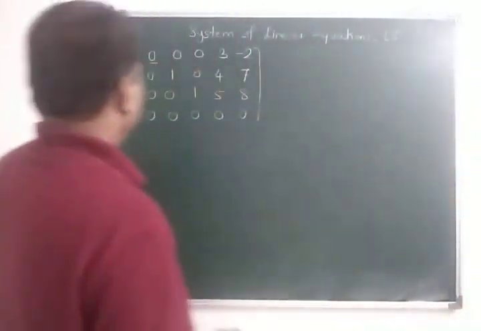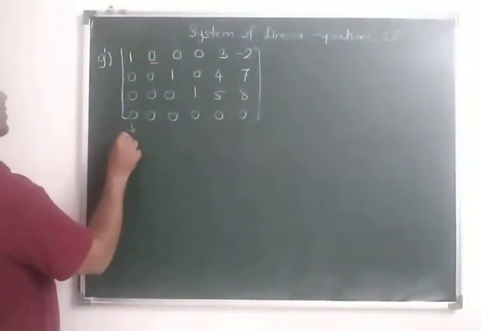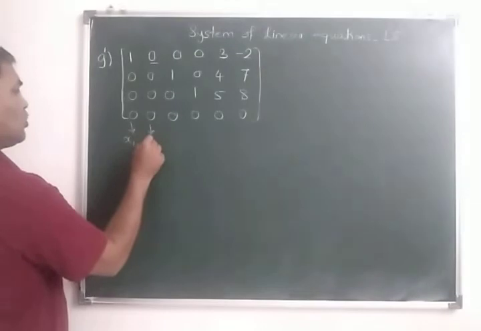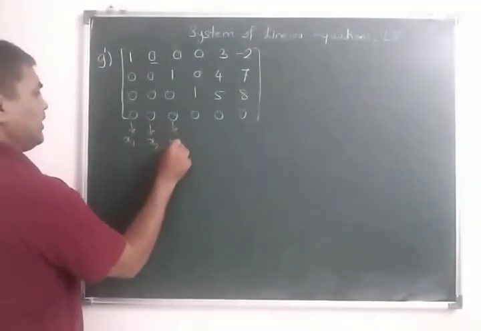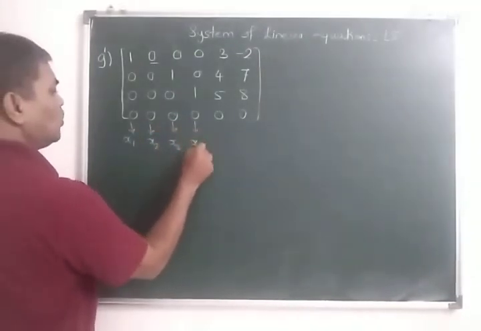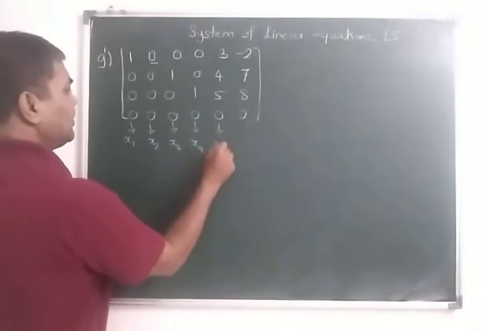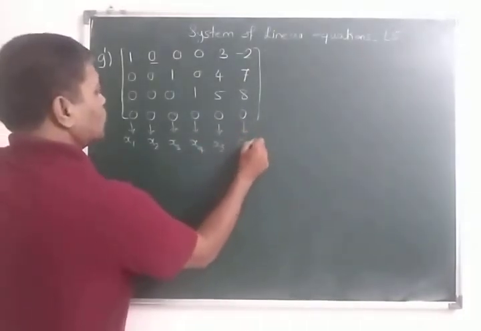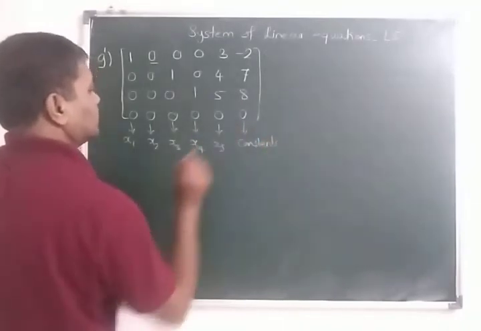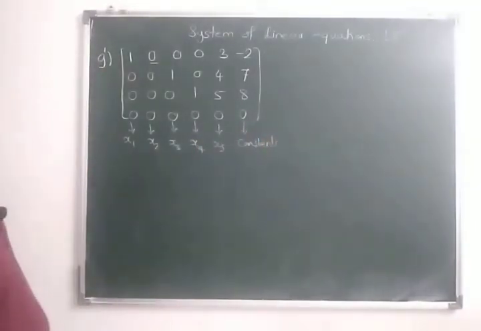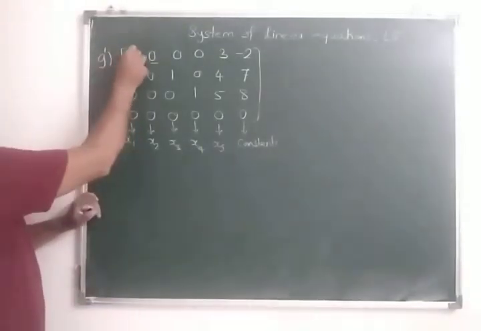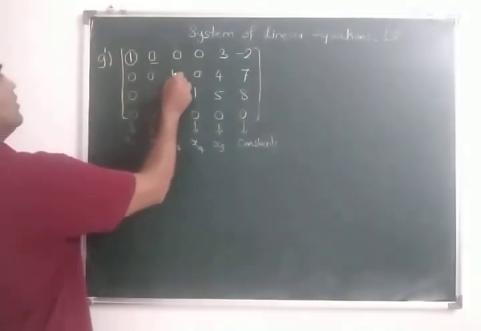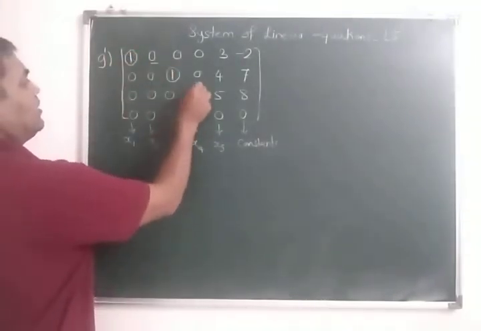So again, this is my column of x1, second variable x2, this is x3, this is for x4, this is for x5 variable say, and this is for constants. Now this is my leading one, this is leading one, and this is leading one.